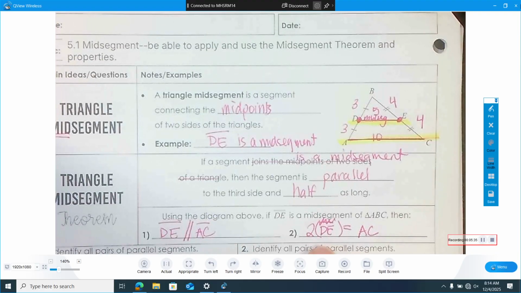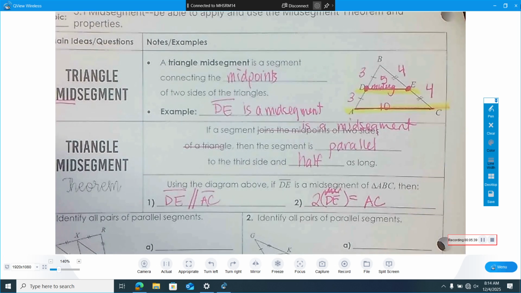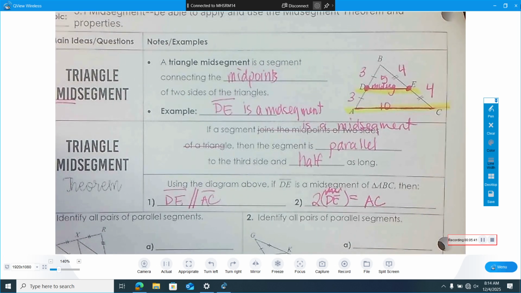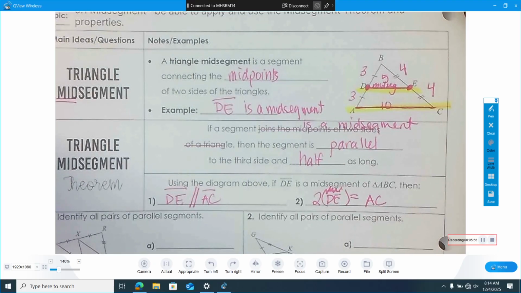Twice DE is equal to the length of AC. So if we double the mid-segment, we'll get that third side length, okay, which is kind of interesting. So not only does it join the halfway points, it's also half as long as the third side, which is kind of interesting, okay. And pretty easy, right? It's kind of an interesting way to think.